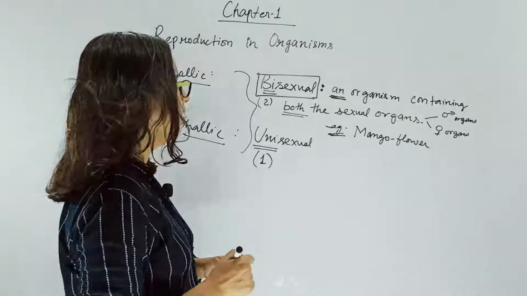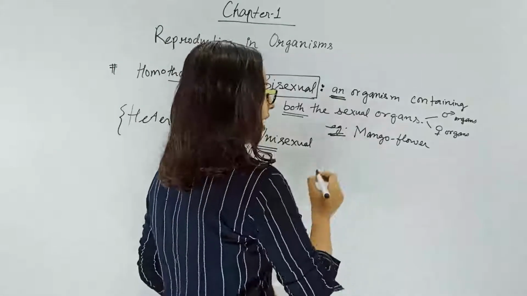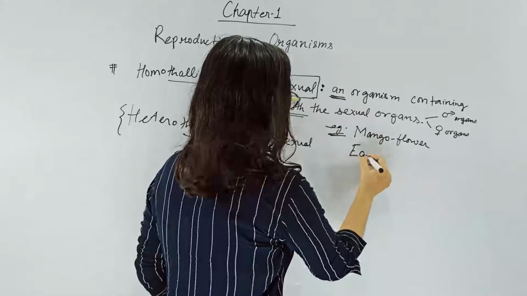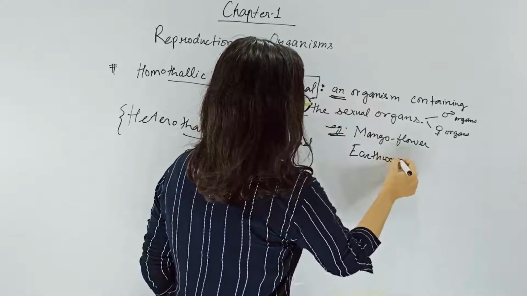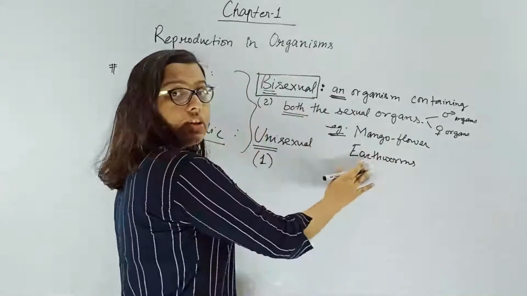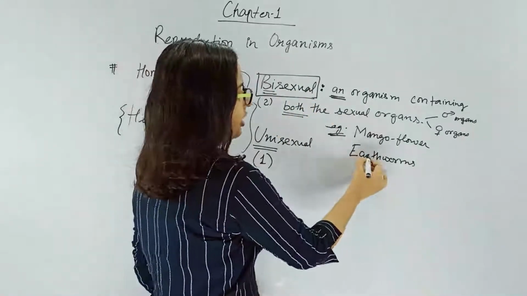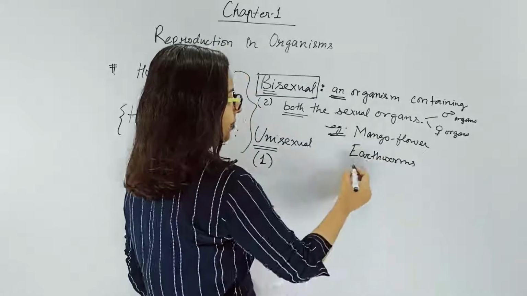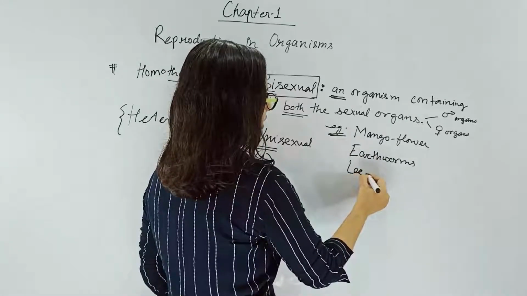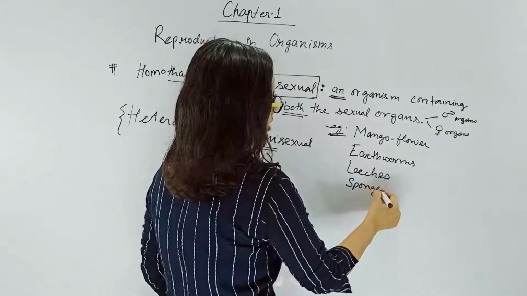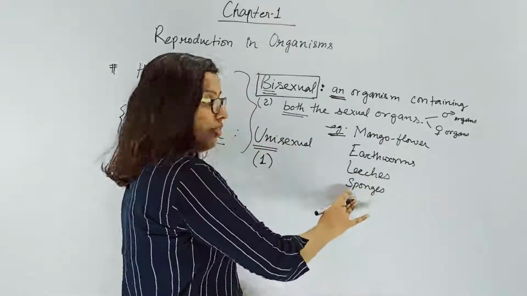Then bisexual in case of animals: the examples are earthworms, leeches, sponges. Sponges are members of Porifera.